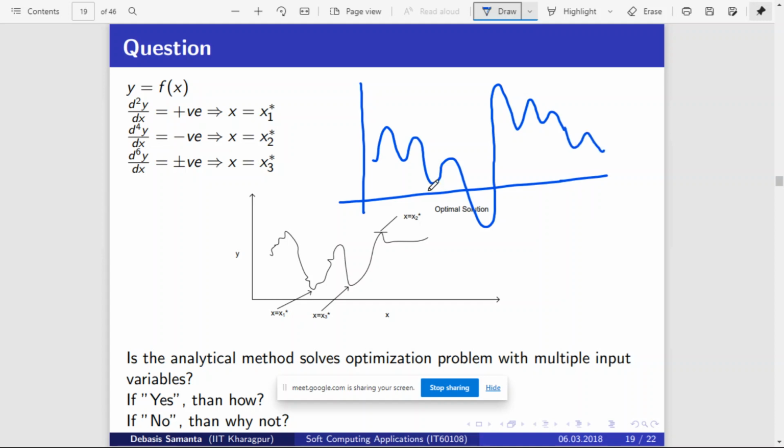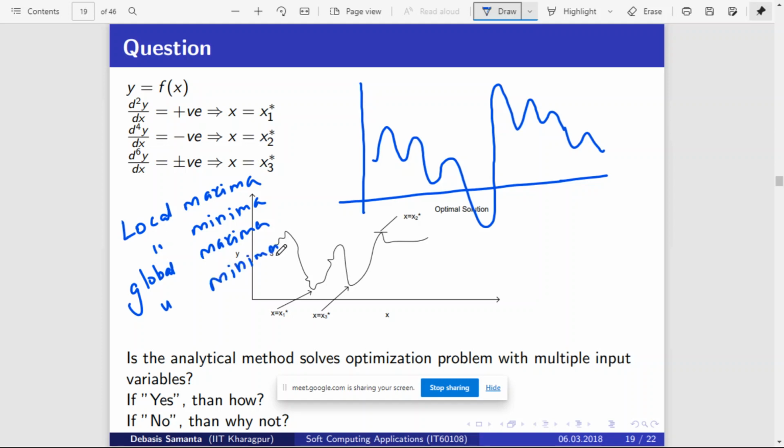Now there are different things you should know. There is a term called local maxima, and a term called local minima, and a term called global maxima, then there is something called global minima. Considering this graph, this point is the global maxima, because in this graph, this is the peak point.